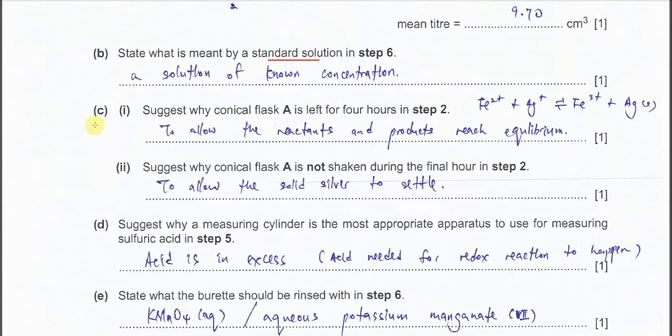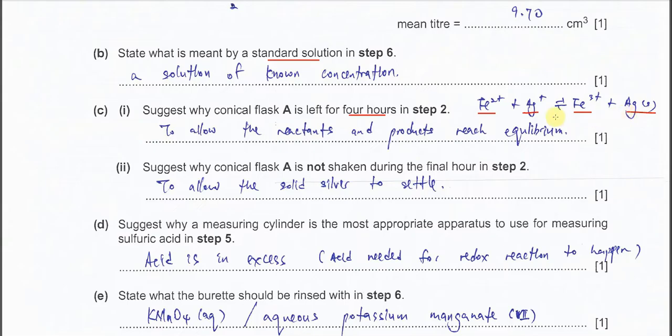Okay, so for part C1, suggest why conical flask A is left for 4 hours in step 2. So for the 4 hours, it's because it's a reaction between the iron 2 and the silver, and it will form the iron 3 and the silver particle.